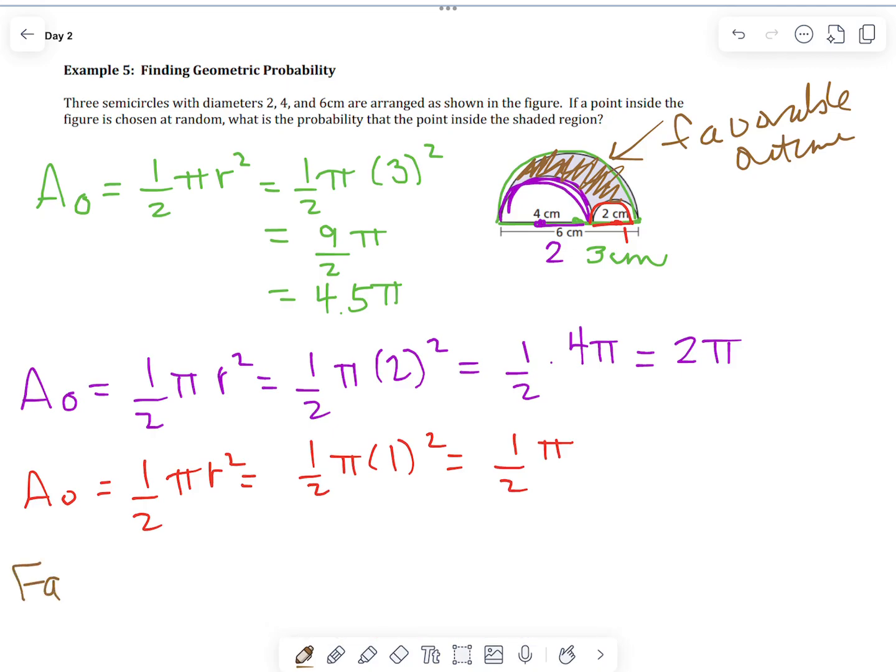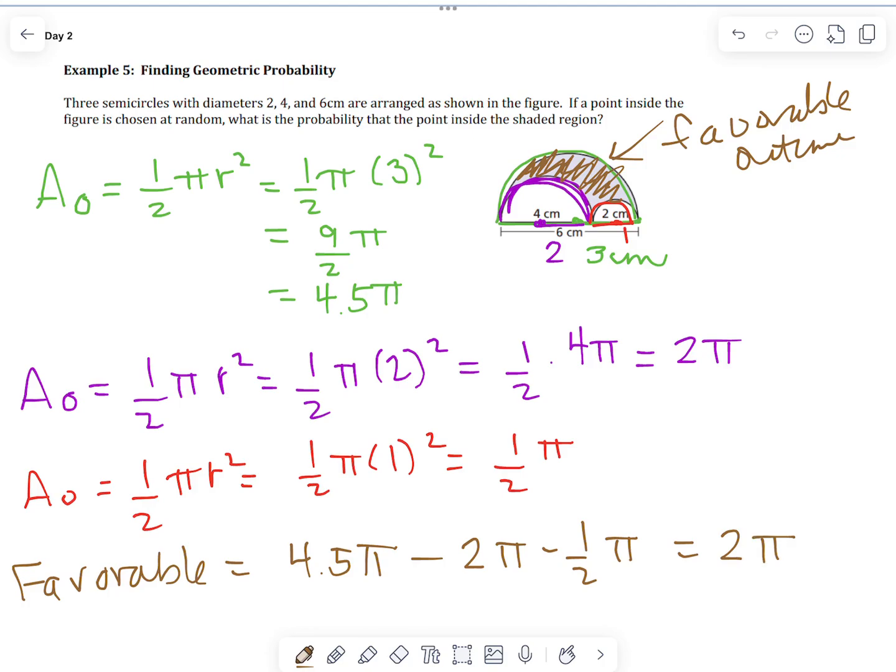So the favorable outcome is taking the green area, 4.5 pi, and subtracting out 2 pi and 1/2 pi. So 4.5 minus 2 minus 1/2 gives us 2 pi. So that is this area right in here.